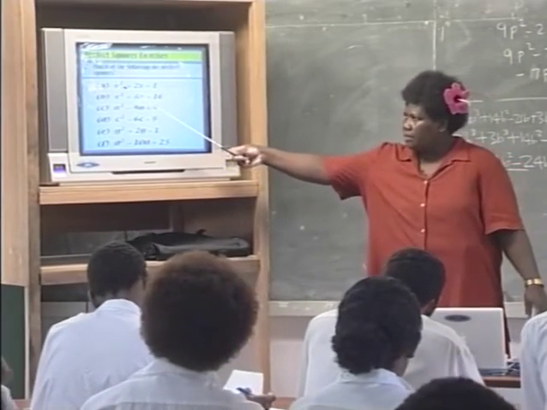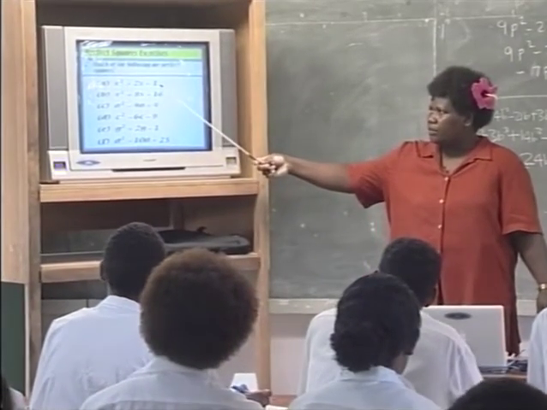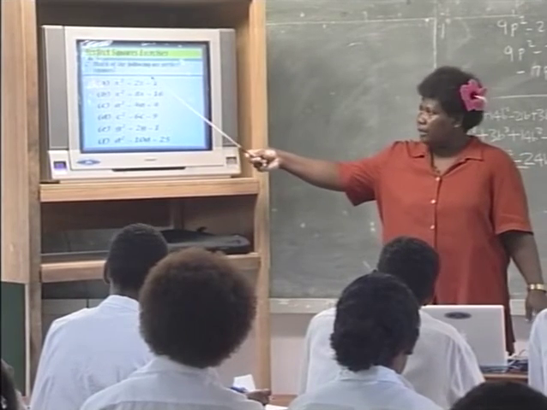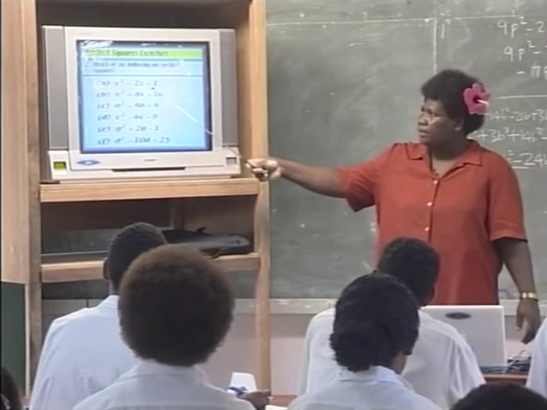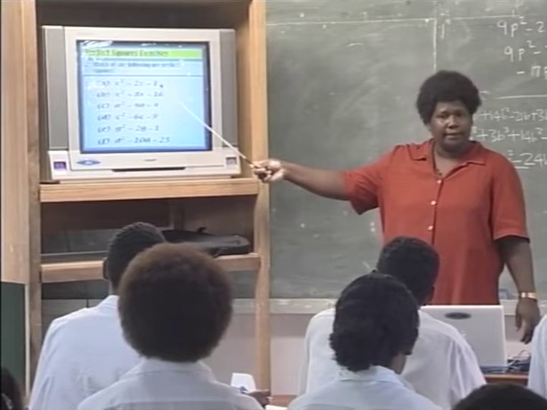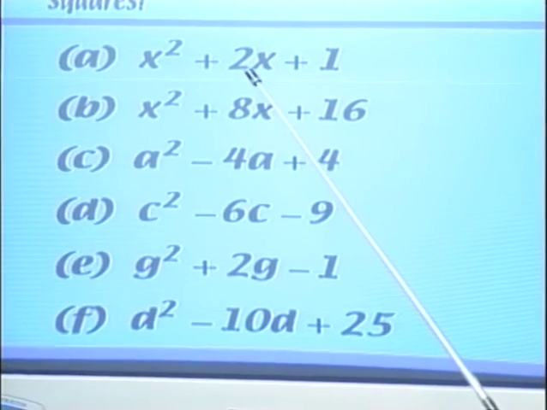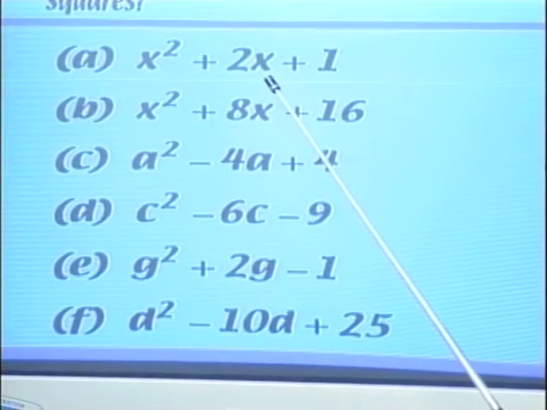If the first term is a square and the last term is a square, it's probably a square. Then you look at the middle term: you get the square root of this one and multiply it by 2. Square root of 1 is 1, 1 times 2 is 2. That means this is a square.